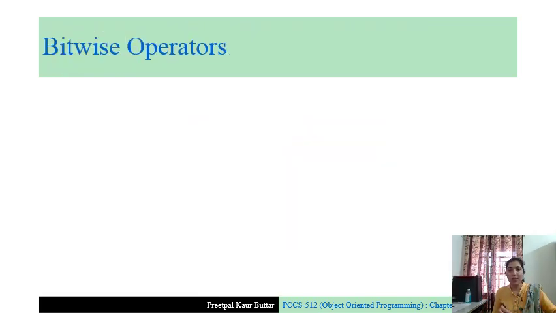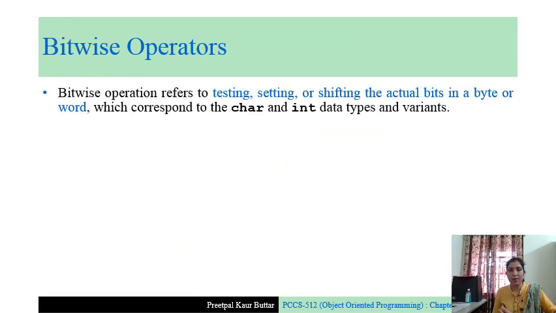Next type of operators are bitwise operators. Bitwise operation refers to testing, setting or shifting the actual bits in a byte or word. Byte and word are the same thing here, and the bitwise operators operate on the bits which are stored in a byte.